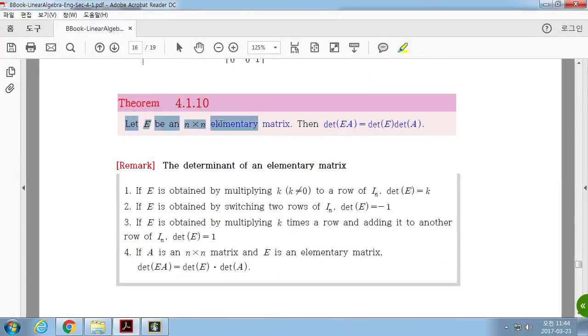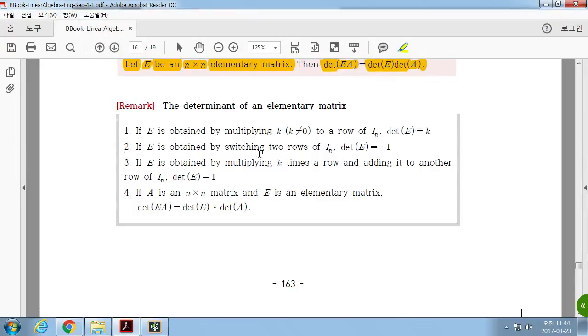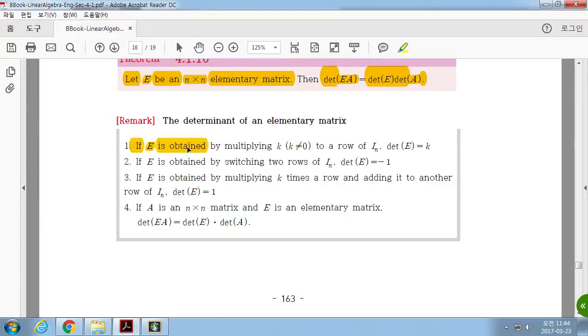Okay, let E be an elementary matrix. Then determinant of EA is the same as determinant of E times determinant of A. As you see, when E is obtained by multiplying a row by k, what's the difference? The determinant of an identity matrix with one entry k is just the product of diagonal entries, which is k.